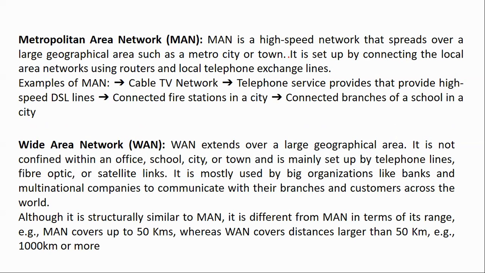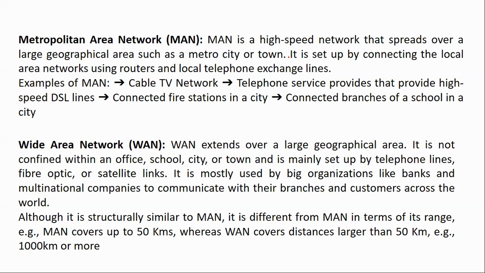It is set up by connecting local area networks using routers or local telephone exchange lines. Examples of MAN can be a cable TV network, telephone services which provide high-speed DSL lines, connected fire stations, or connected branches of a school in a city. Just see, geographically it is capturing much more of the area.